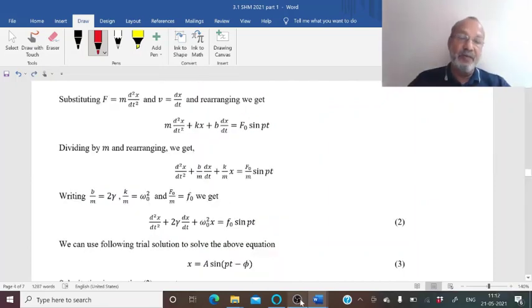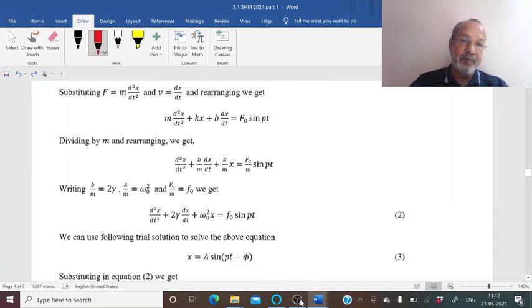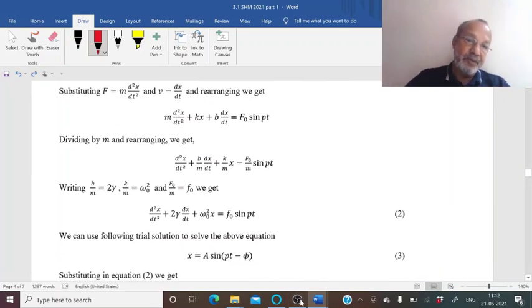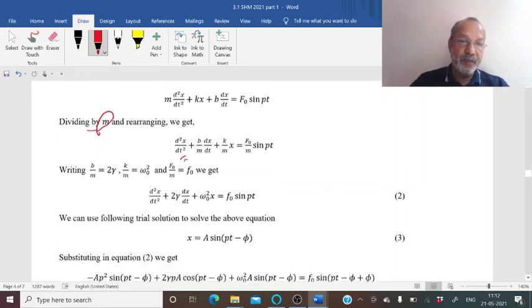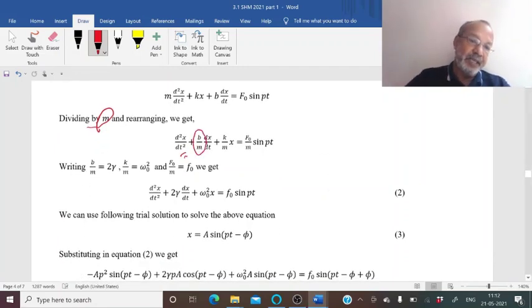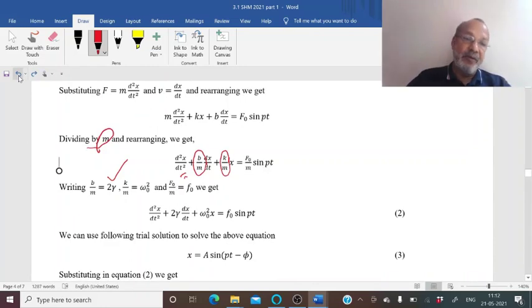Before solving this differential equation, let us rearrange it a little bit. We can make the coefficient of the second derivative 1 by dividing the entire equation by the mass of the particle. For convenience, let us take this b by m coefficient as 2 gamma, and let us take k by m as omega 0 square.